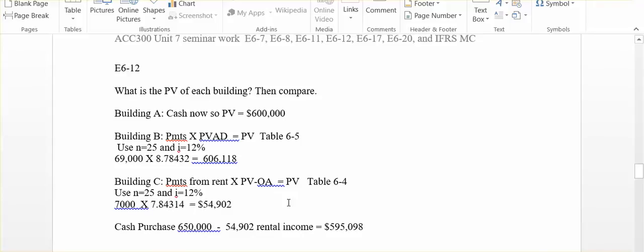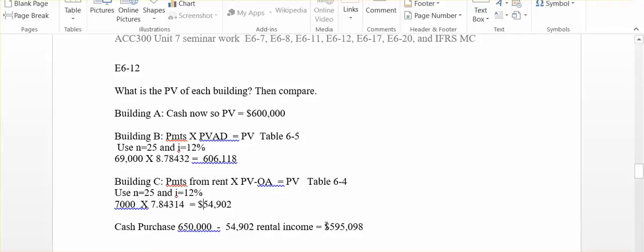That $7,000 that we're going to get every year is worth $54,902 right now, at the beginning of this endeavor. So we're going to be paying $650,000 immediately. The value of the building is $650,000 minus the present value of the rental amount we're going to be getting over the next 25 years, $54,902. We subtract that because that's what we're going to be getting in the future.